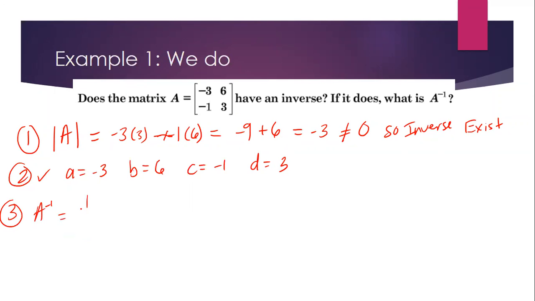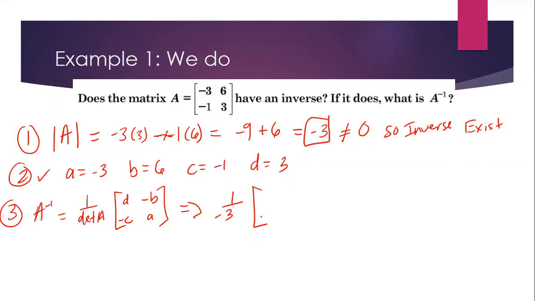The inverse equals 1 over the determinant times D, -B, -C, A. Our determinant was -3, so we have 1 over -3. Our D is 3, our negative B is -6, our C becomes a +1, and our A is -3.